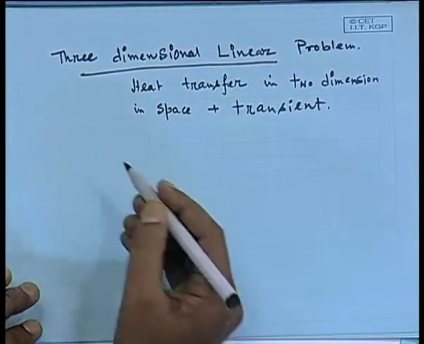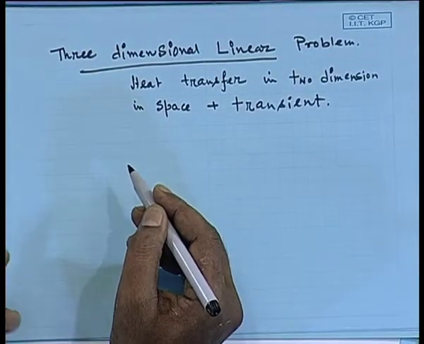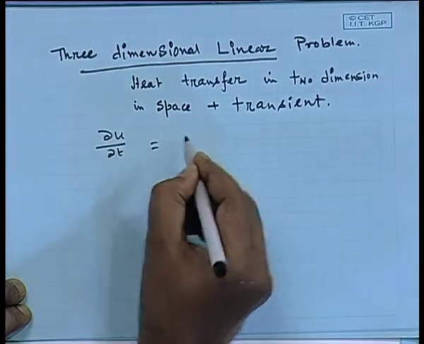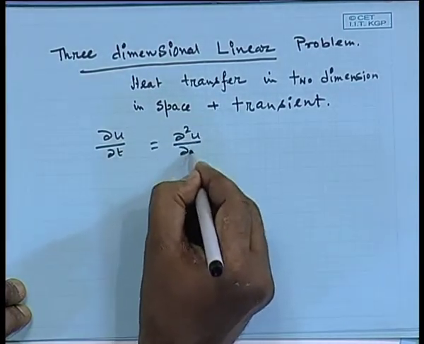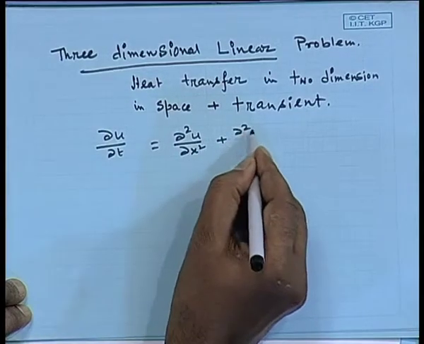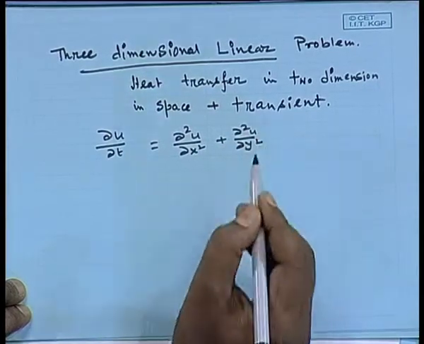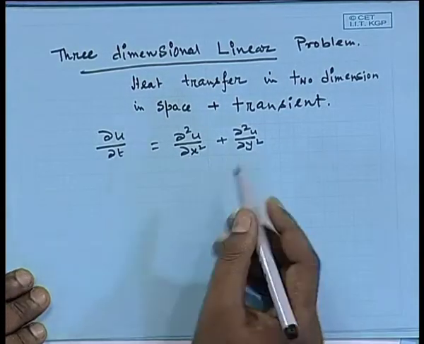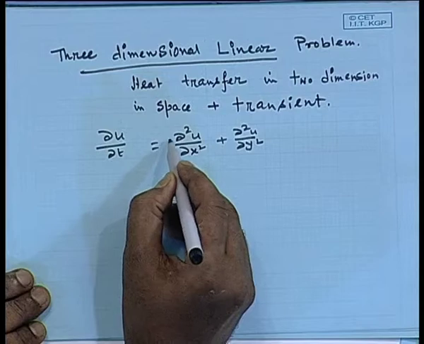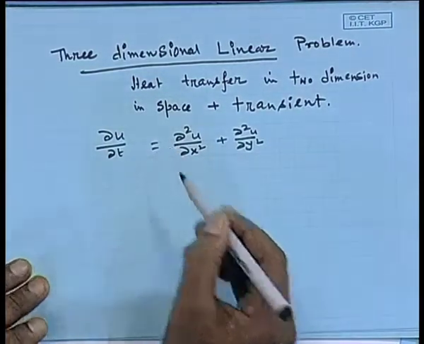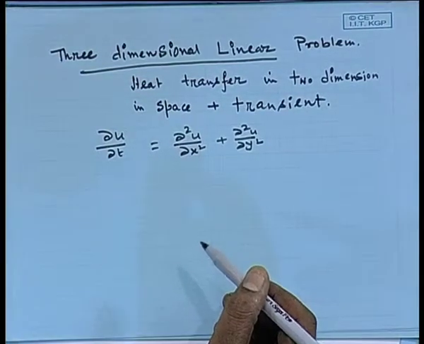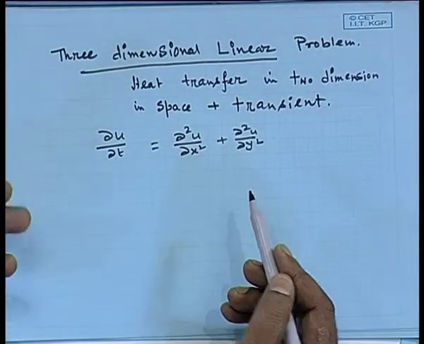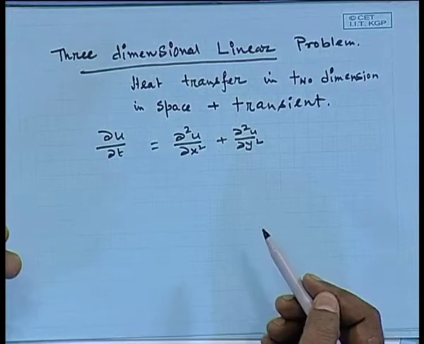The form of the equation becomes del u del t is equal to del square u del x square plus del square u del y square. u is basically some scaled down temperature, and in fact there will be some associated constant, that will be thermal diffusivity. If you remember, that will be the form of the energy equation that will boil down after simplification of various terms.